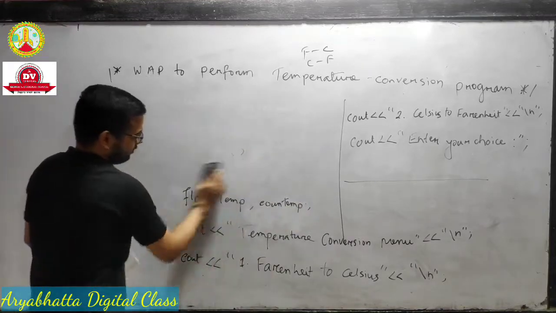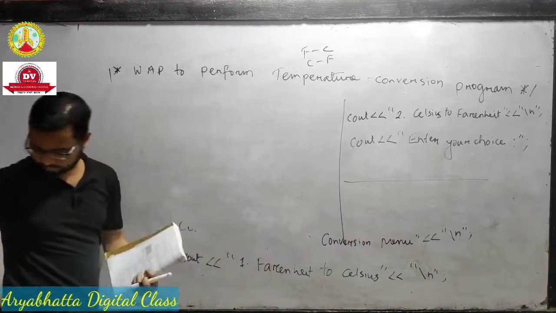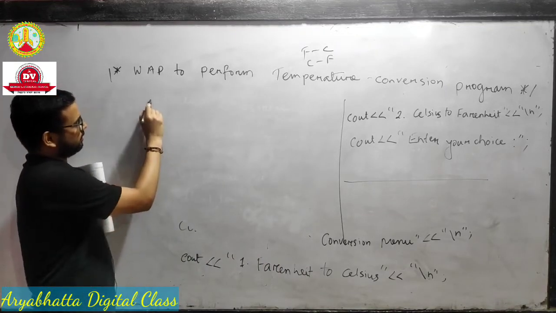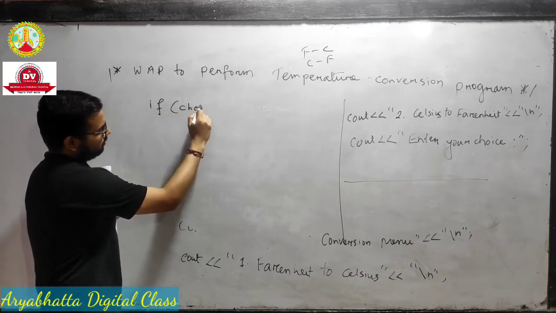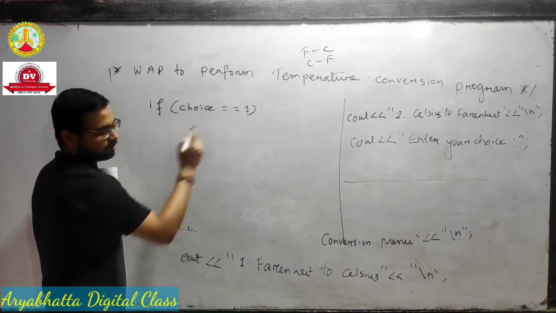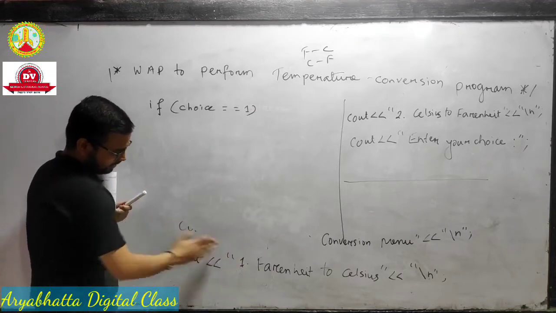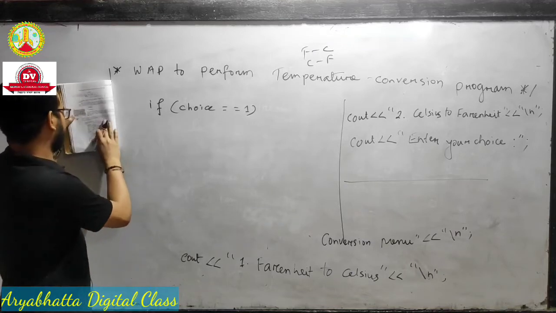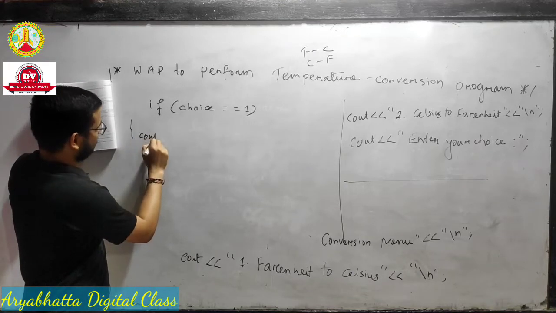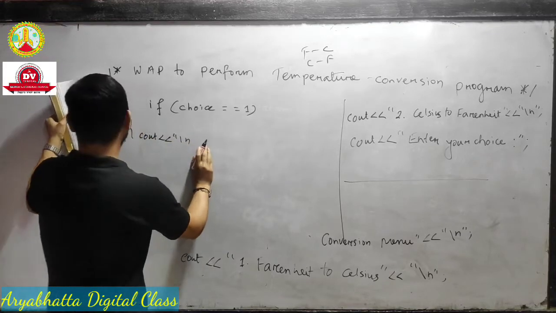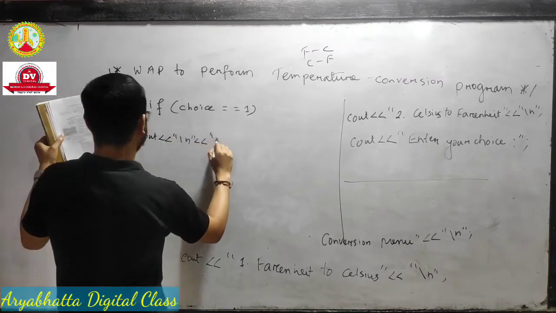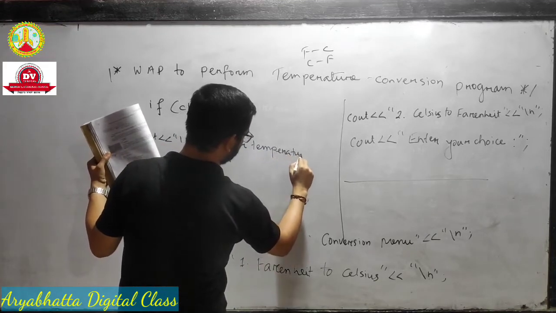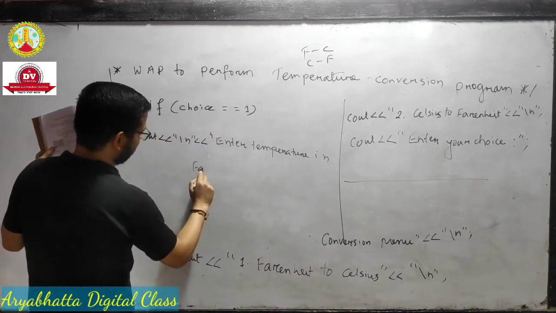Now we do the main part, the formula. We use the if statement. If choice is equal to 1, we take Fahrenheit to Celsius. Then print "enter temperature in Fahrenheit".